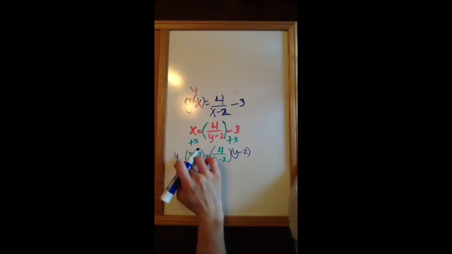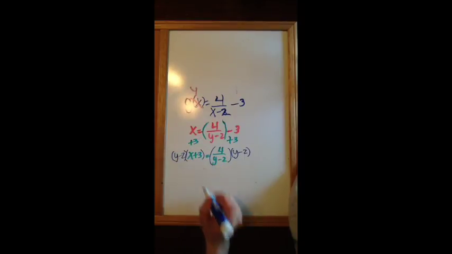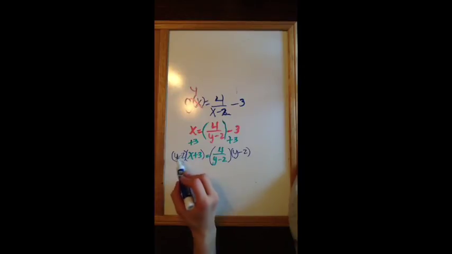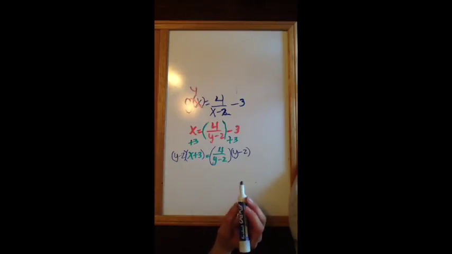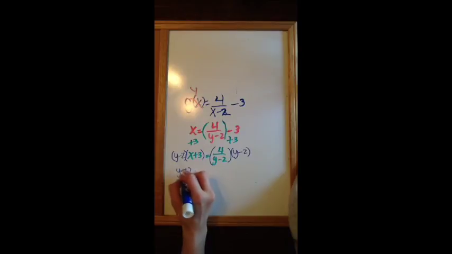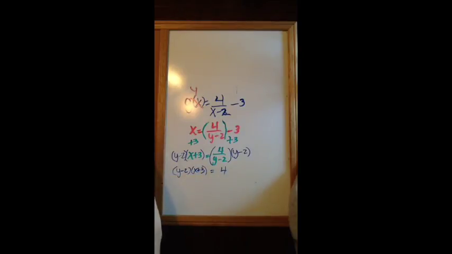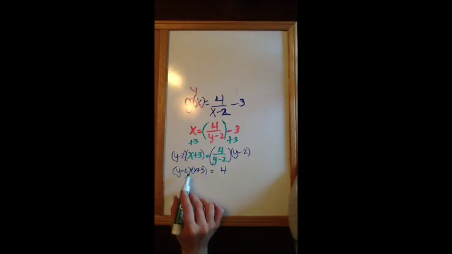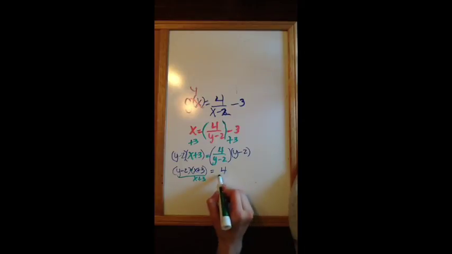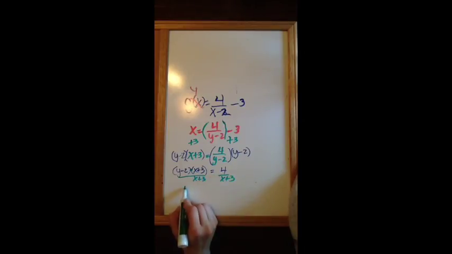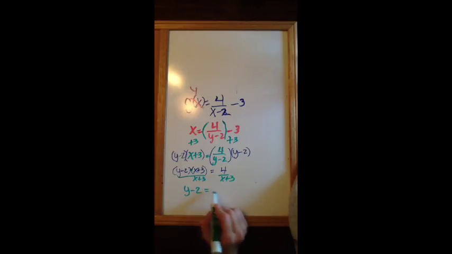It's going to be tempting to multiply these two things together because you've done that so many times before. But we're just going to keep it as y minus 2 times x plus 3 equals 4. Okay. So now I'm going to get rid of multiplying by the y minus 2. So I'm going to divide by x plus 3. So now I have y minus 2 equals 4 over x plus 3.